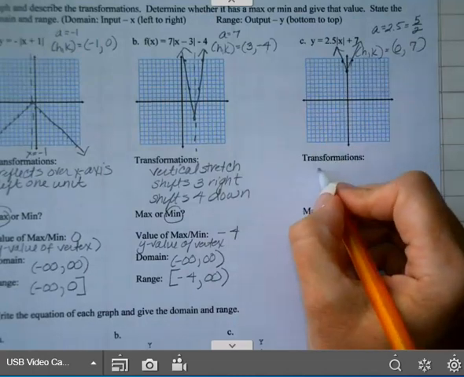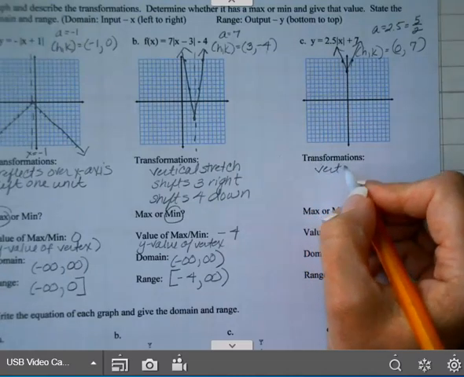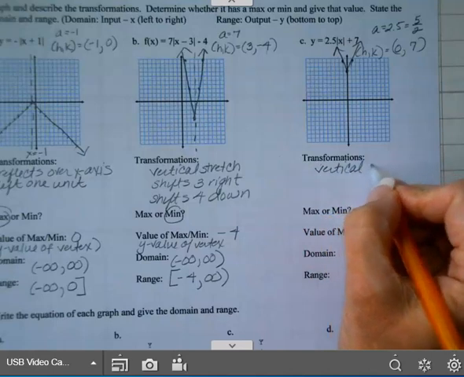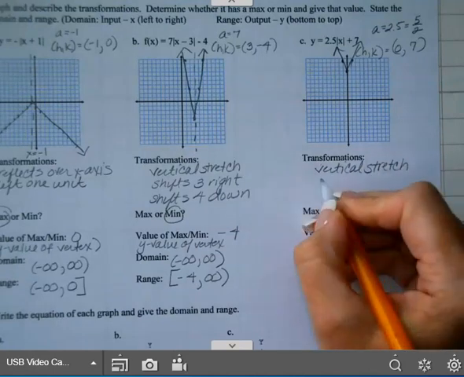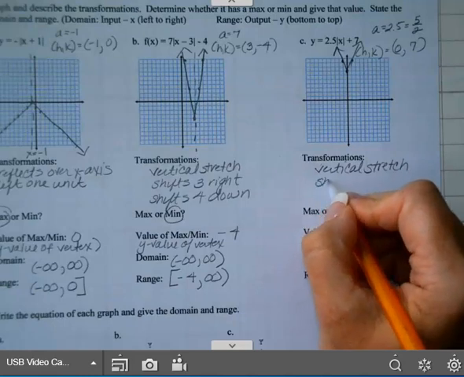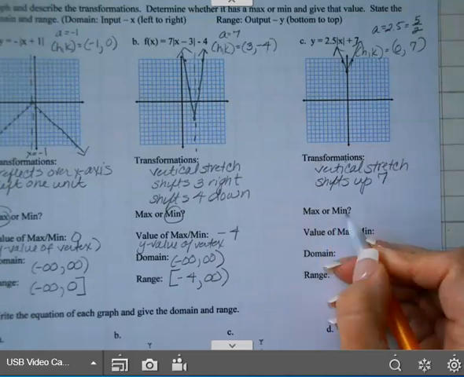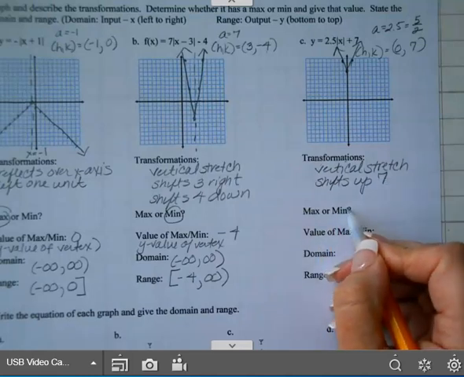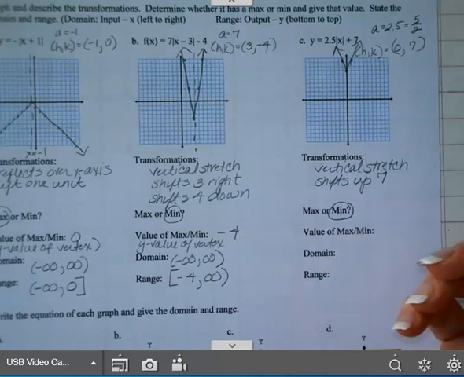And my graph has a vertical stretch since 2.5 is greater than 1. And then the graph shifts up 7. I knew from my equation, since A was positive, that it has a minimum, or you could look at your graph.